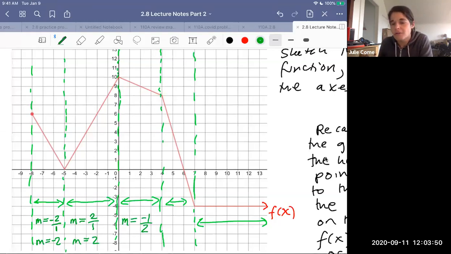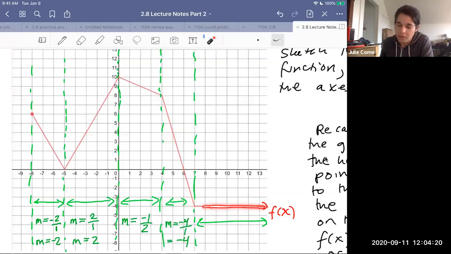On our next interval, it appears that the slope is down 1, 2, 3, 4, right 1. Okay, so in this interval, we have a slope of -4/1 or -4. And finally, on our last interval, well, this is just a horizontal line, aka a constant function on this interval. And I can see that the slope of a horizontal line is always just 0.